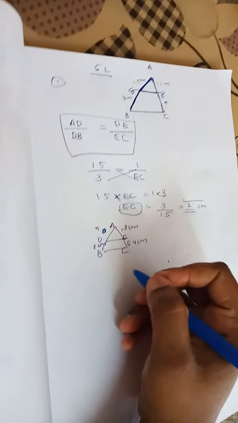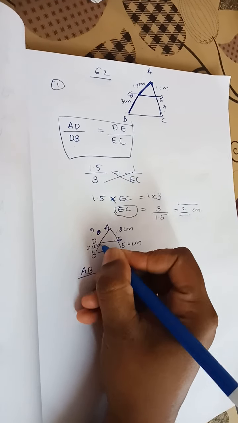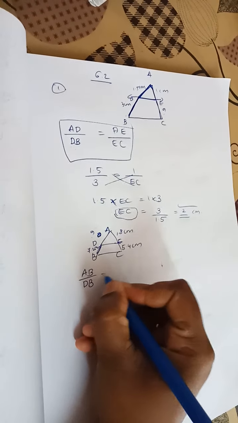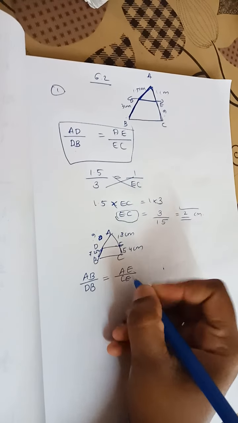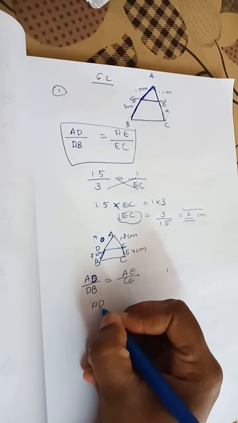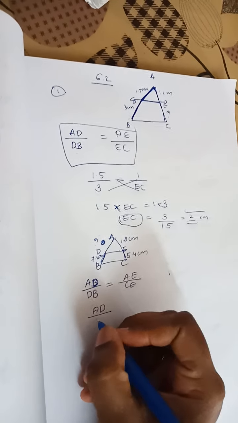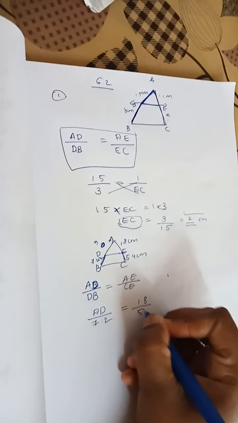So by using the basic proportionality theorem, the same method we can apply. AD divided by the remaining DB is equal to AE divided by the remaining CE. AD we don't know, so I have written it as AD, divided by DB, which is 7.2, equal to 1.8 divided by 5.4.